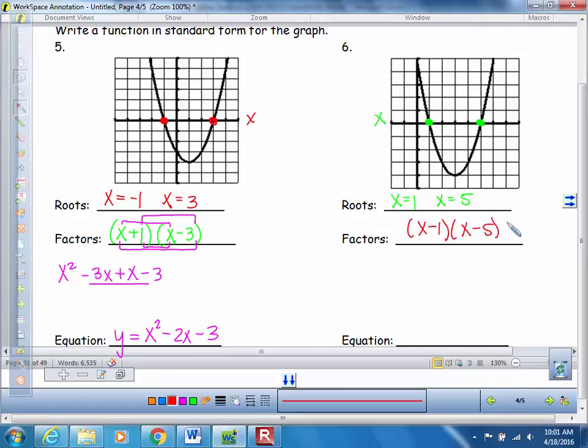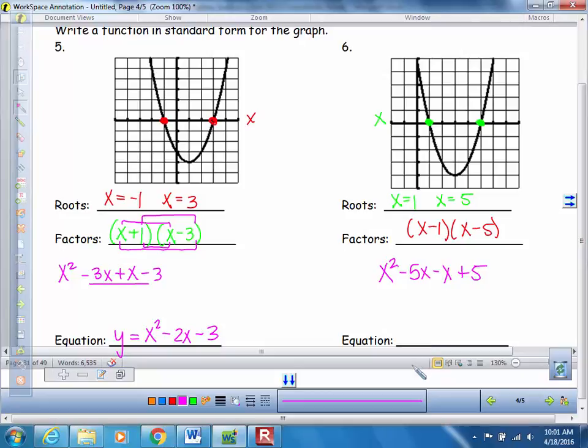So then to get our equation, we would just multiply those. So we're going to do first times first, which gives me x squared, outer times outer, negative 5x, inner times inner, negative 1x, and last times last, negative times negative is a positive 5.